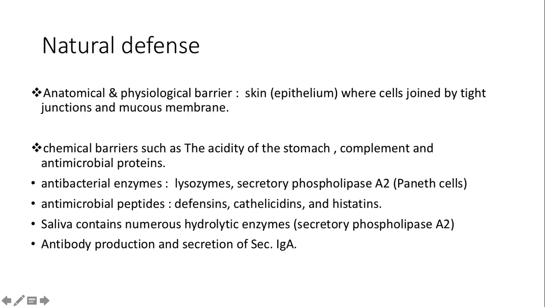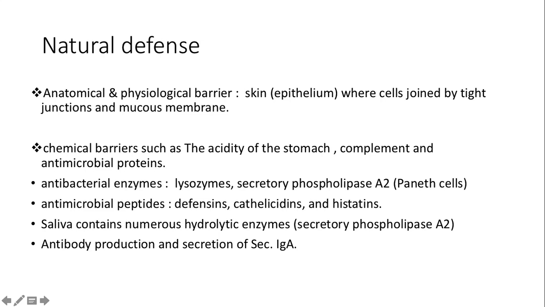For the GI protection, there are naturally anatomical and physiological barriers that, of course, include the skin, the oral mucosa, and the intestinal epithelium, where the cells are joined by tight adhesion junctions, as well as the chemical barriers that include the stomach acidity, which is unfavorable for most microbes.